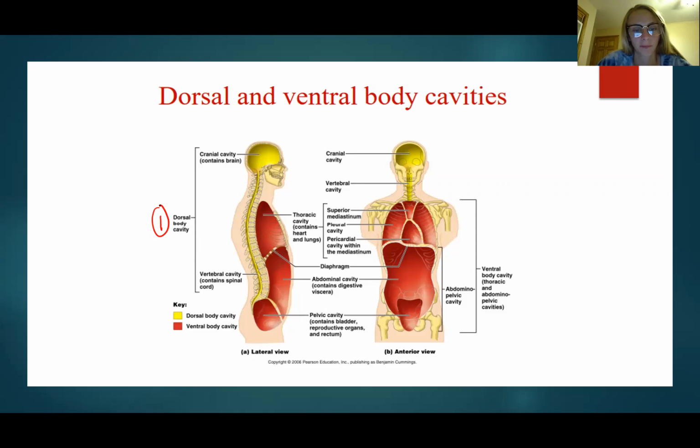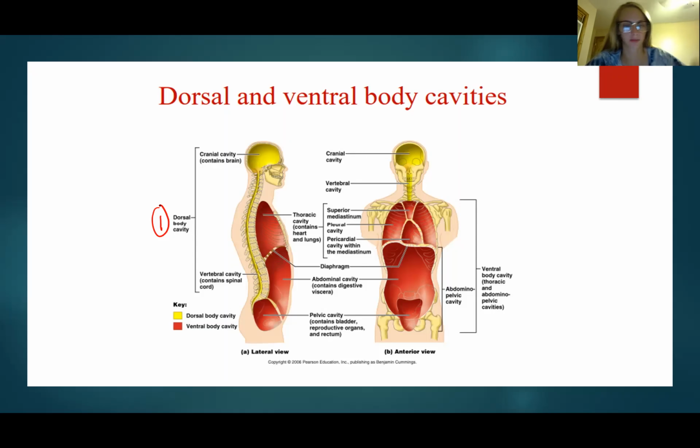Again, we have vertebral body cavity, vertebral referring to vertebrae, spine, contains your spinal cord. You can kind of think about this again in terms of the turtle shell. The turtle shell is on the back. We said the dorsal side was the back side of the turtle shell. The back side of your body is your spine.